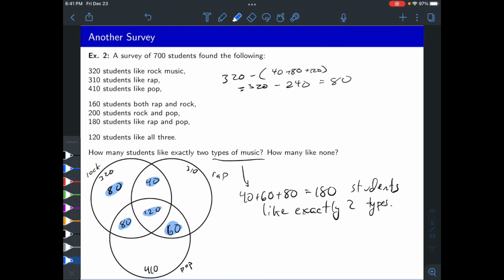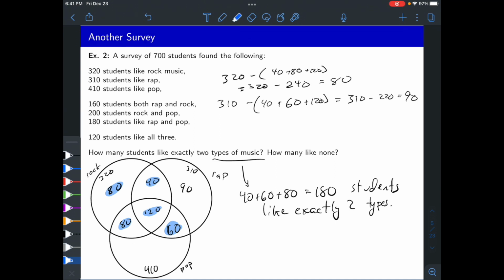Okay, what about for rap? So we'll do 310 minus these three numbers. So 40, 60, and 120. That would be 310 minus 220, which equals 90.